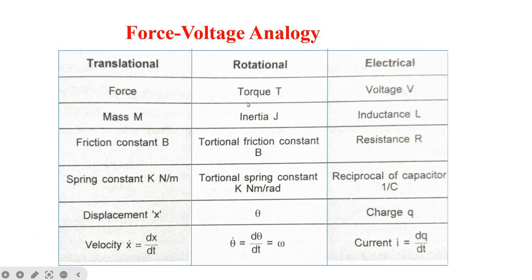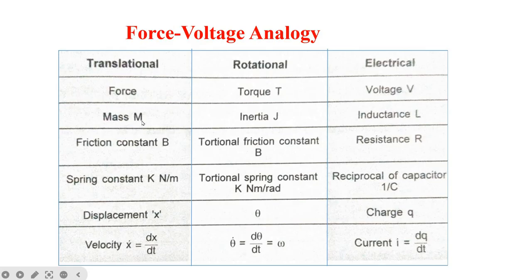Now these are the elements, that is the analogous elements of the force voltage analogy. These are for the translation motion, these are the rotational motion, and this is the electrical analogous elements for force voltage analogy. So force and torque get replaced by voltage in the force voltage electrical analogous network.